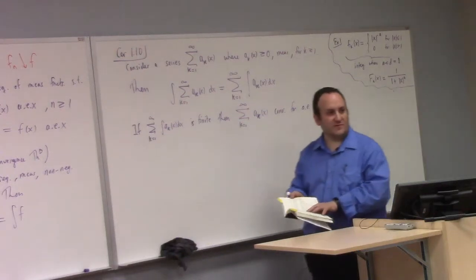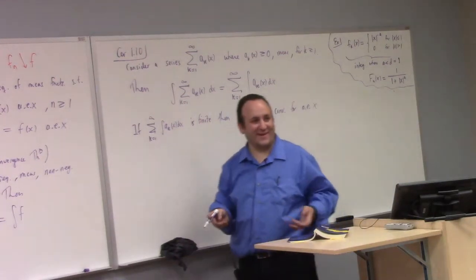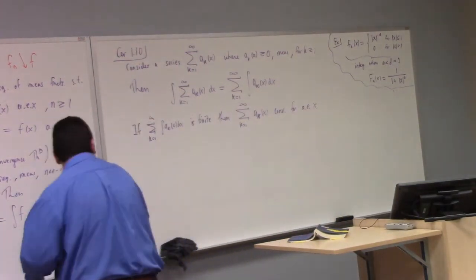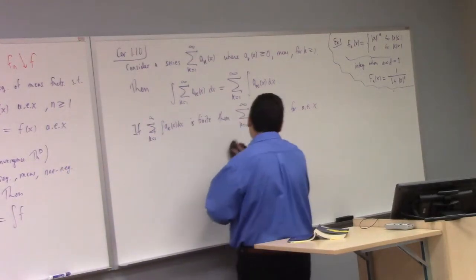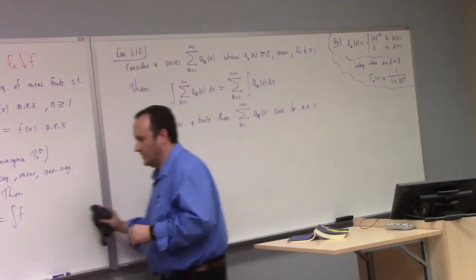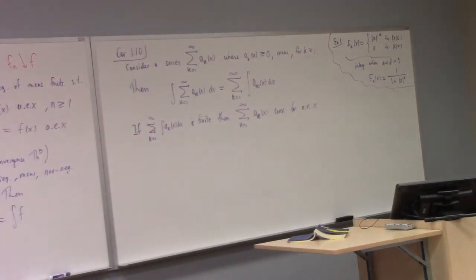Probably should prove this to appreciate corollary 1.9, because I'm guessing that the proof here involves corollary 1.9. But I'd almost rather just talk about what this corollary says. What does this say?